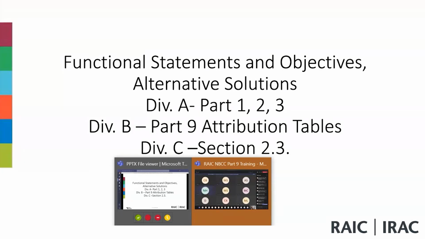So there's none for 9.36.2.1, but there is one for 9.36.2.2. Yes. Basically, because the application statement is telling us where to go and what it applies to, it doesn't have any associated functional statement or objective in terms of what it's achieving.